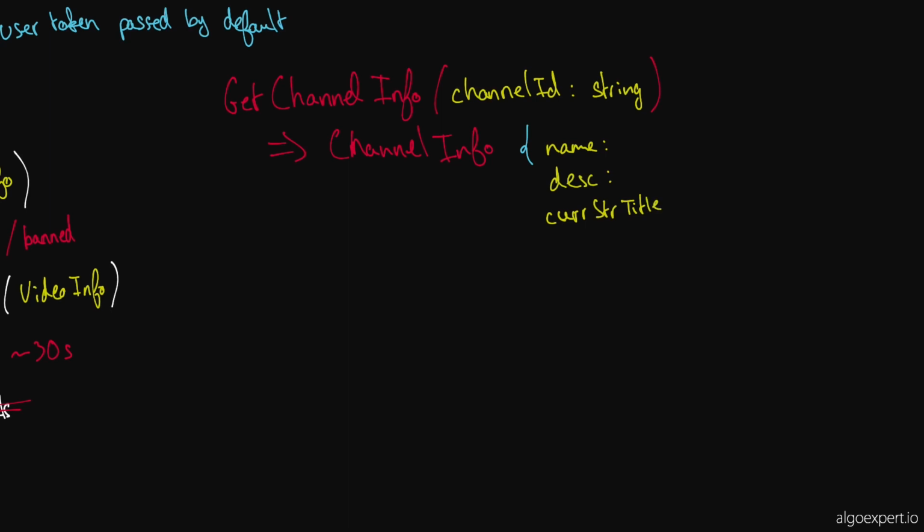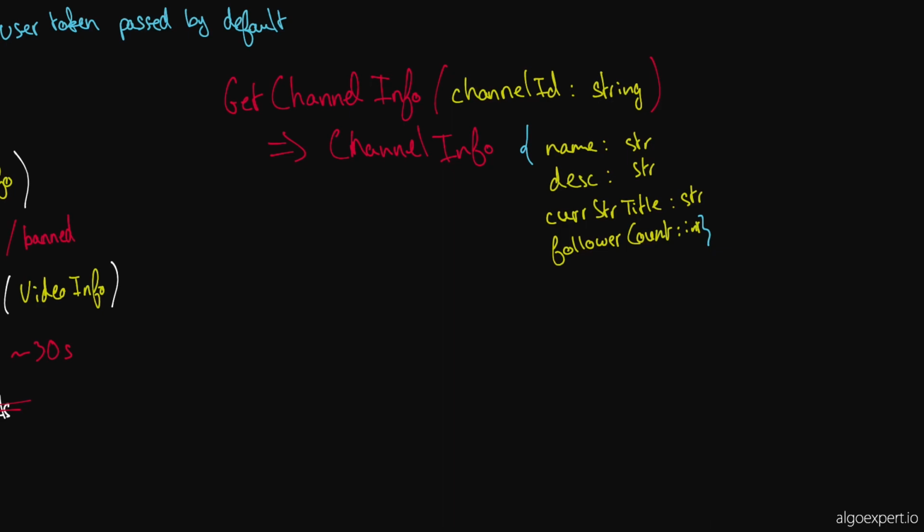It's going to have a follower count, and that's all I can think of for now for the static stuff. But the first three are all going to be strings, so I'll put str, str, str, and this is going to be an int. And yeah, this is the first endpoint, pretty straightforward, just gets the channel info and then is used to display it on the page.